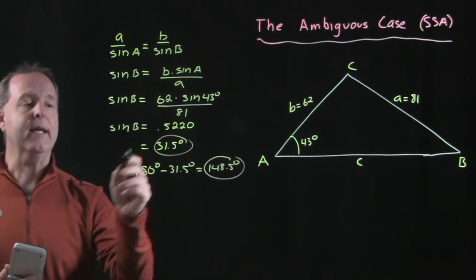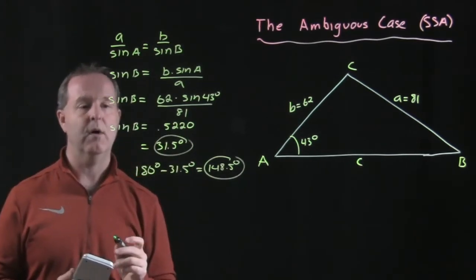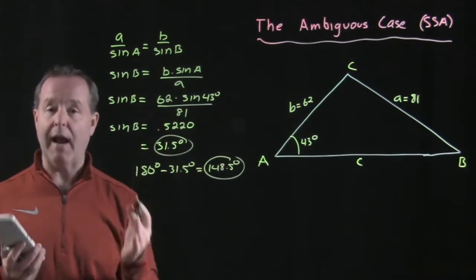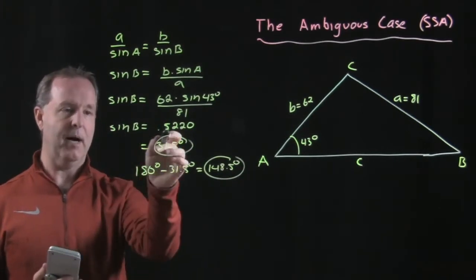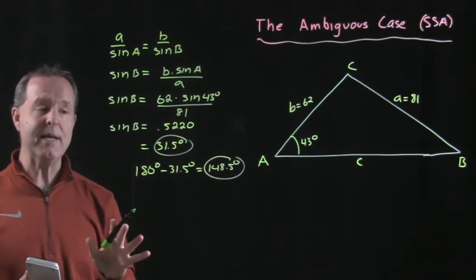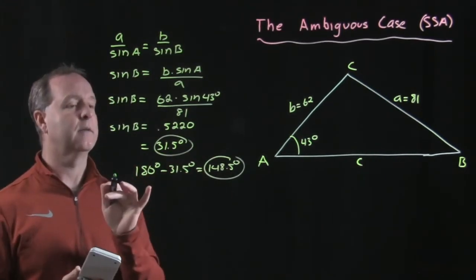The reason why it's ambiguous is that I get two values here.